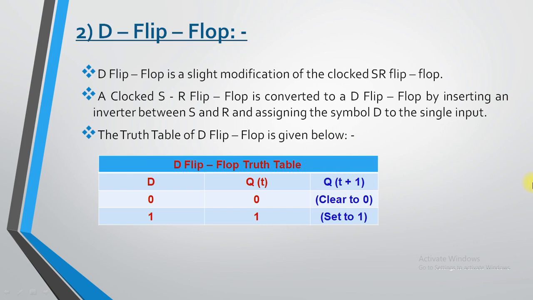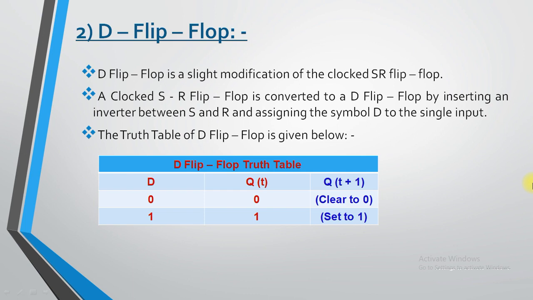It is based on SR only, but in the SR flip-flop we have two input variables, and with the D flip-flop we have only a single input variable. What you need to do is insert an inverter between S and R, and use only one input variable for the flip-flop, that is variable D. For this single input variable you have only two possible conditions, number one 0 and number two 1.